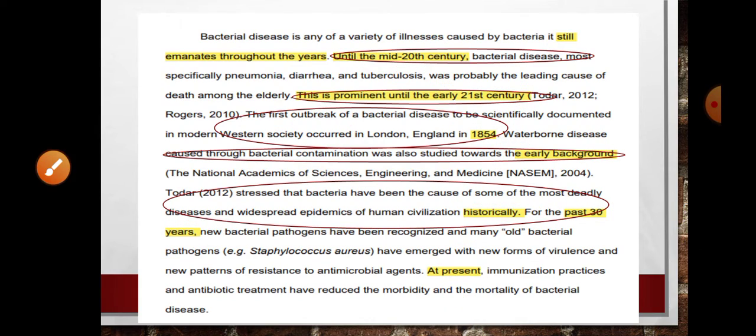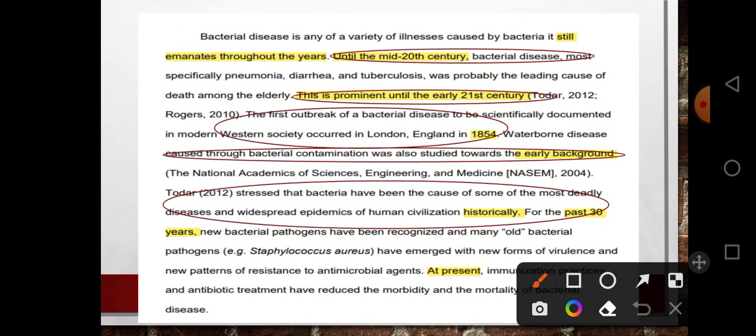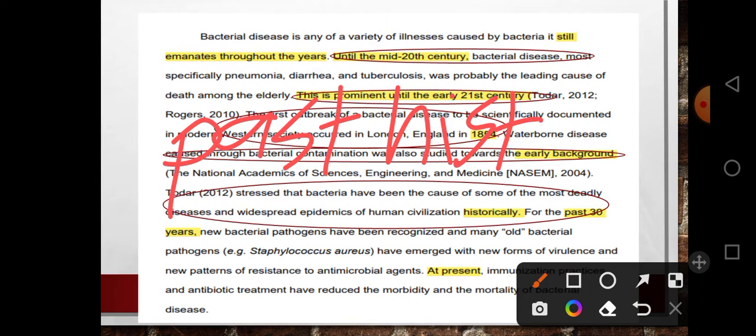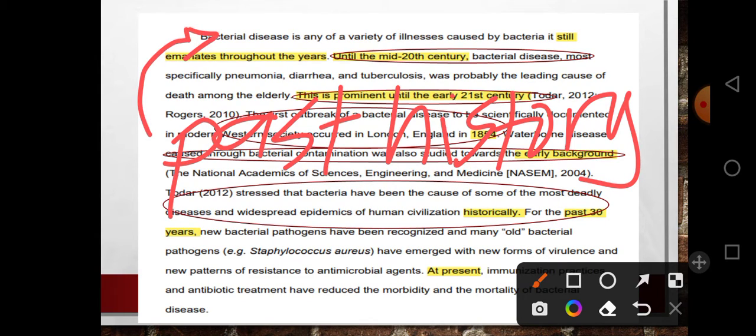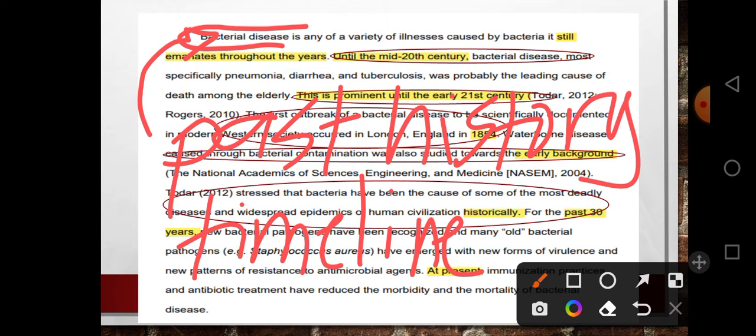Obviously, class, these encircled sentences or phrases generally discuss ideas regarding the past history of the main idea. They discuss the past timeline or the progression of the main topic, outlining the timeline or history of the main topic being discussed.